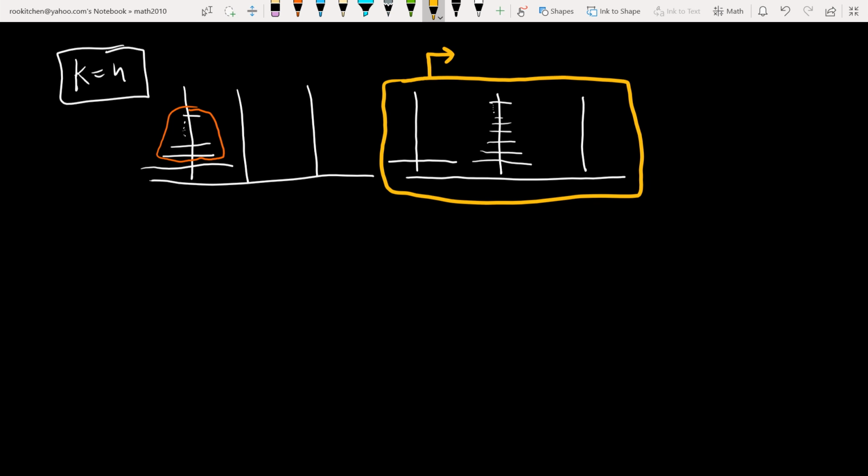So this is really just m sub n minus 1 moves. And then you're going to move the big donut over. So the big donut gets moved to there, and we leave this guy alone.